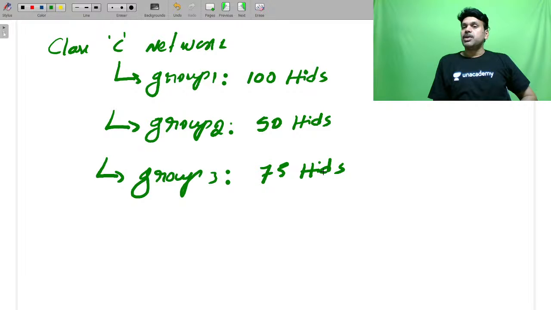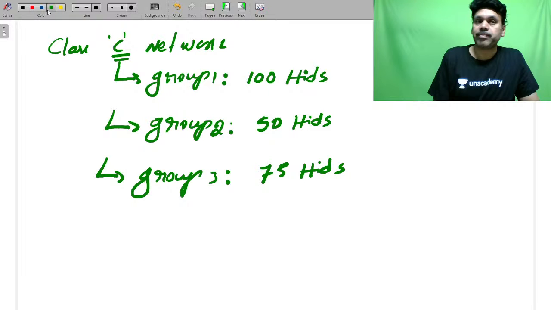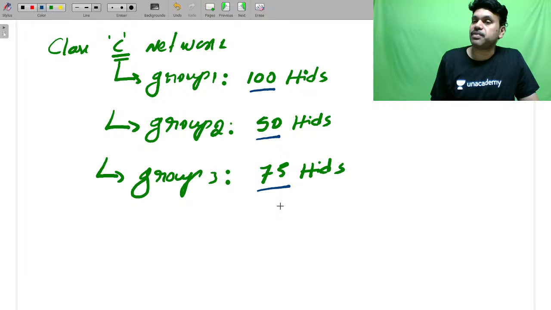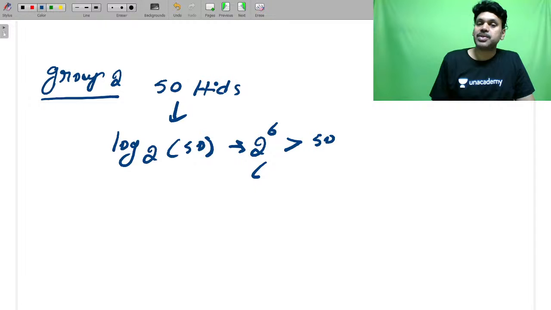Can I keep this many IP addresses in class C? Let us check. 100 plus 50 is 150, plus 75, total HIDs are 250. Log base 2 of 50: I can write 2 power 6 greater than 50, because 64 is greater than 50.